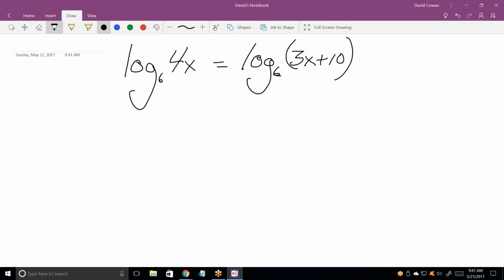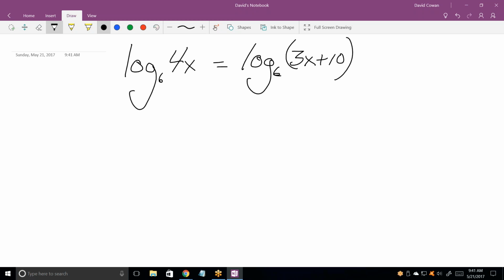What's the next step? Let's see here. Since they both have the same log base, could you just solve it algebraically? You would equate the arguments, is what that's called.